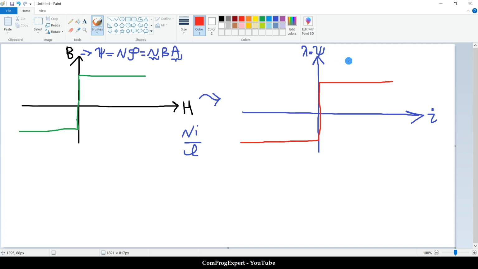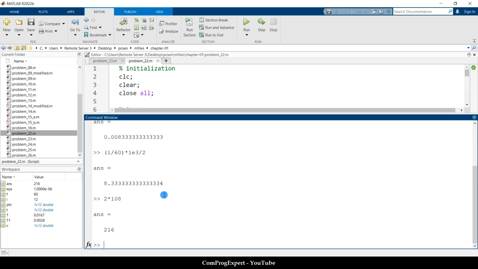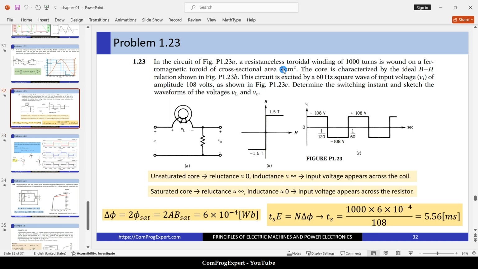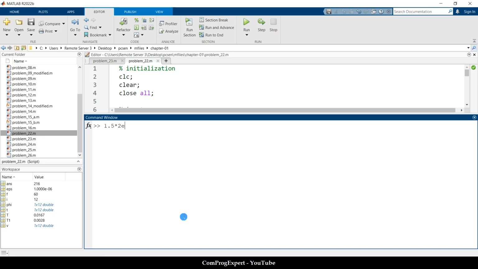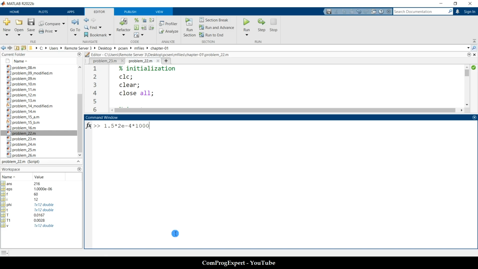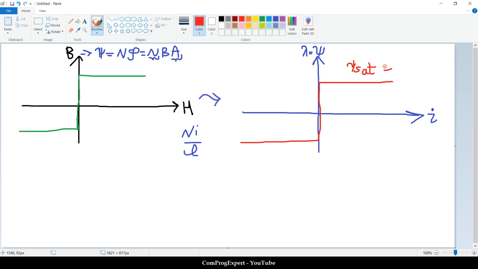How much is the psi for the saturation region? I can write 1.5 Tesla times 2e-4 times the number of turns, that is 1000. It will be equal to 0.3 Weber. Okay, this is 0.3 Weber.